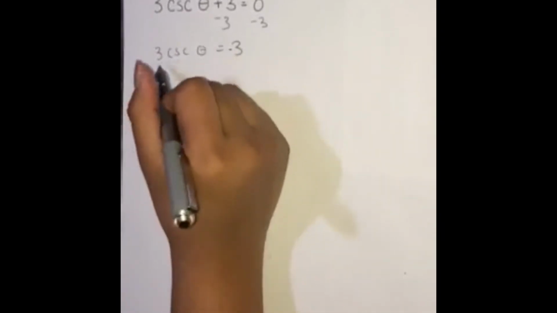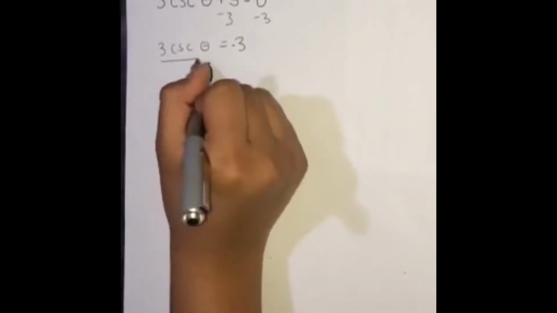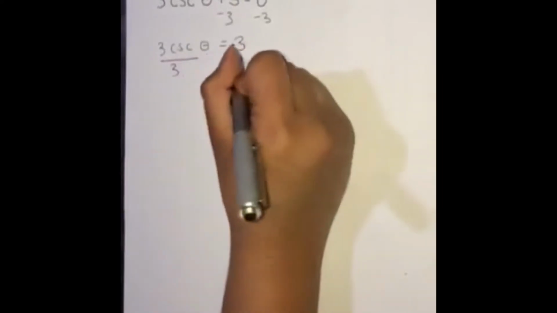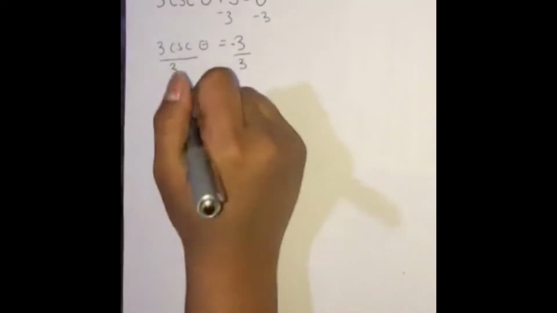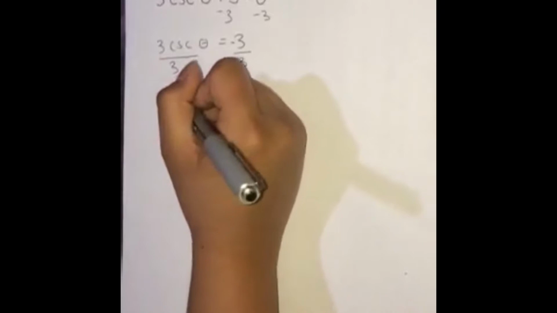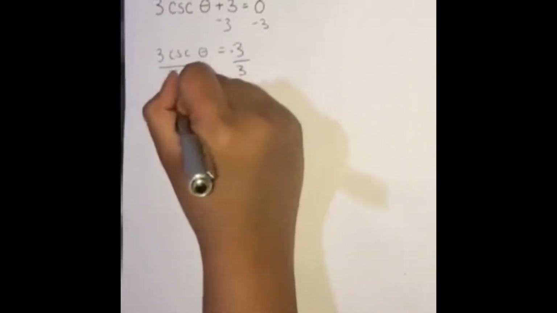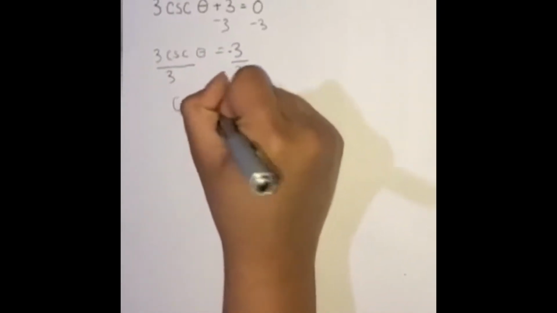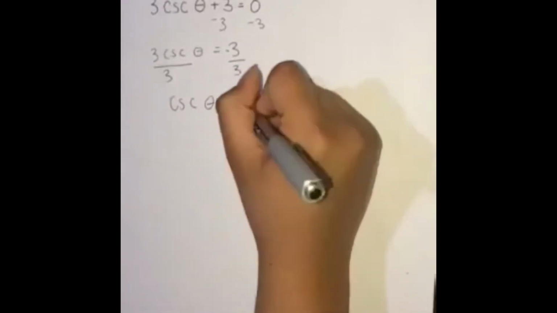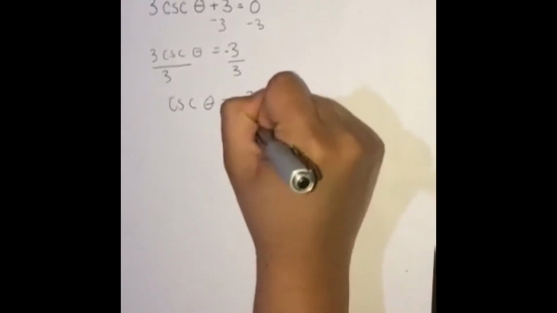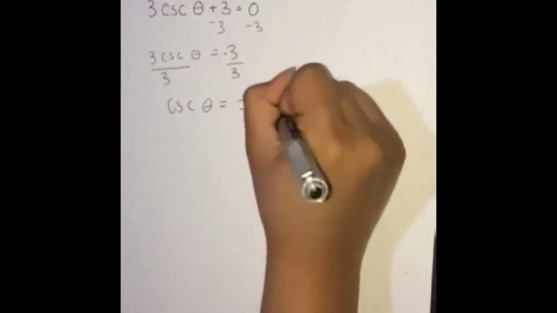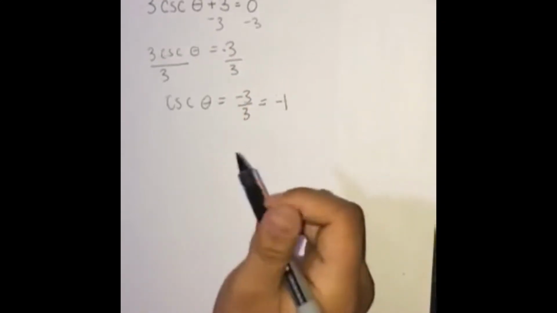So now we divide by 3 on both sides, which leaves us with cosecant theta equals negative 3 over 3, which is negative 1.